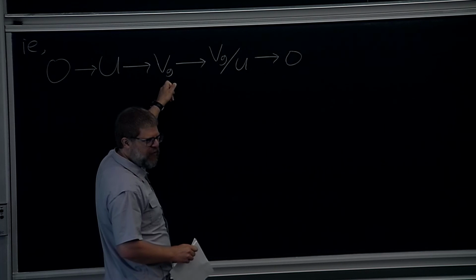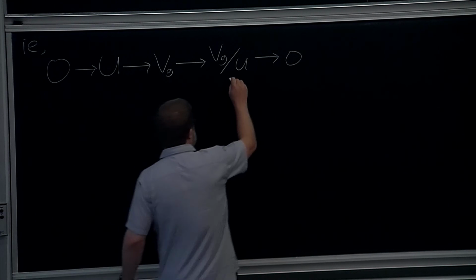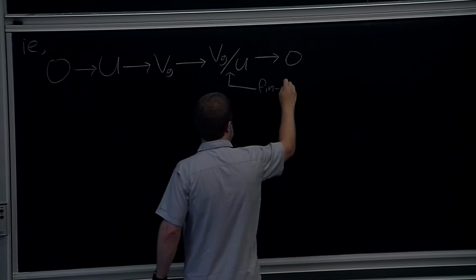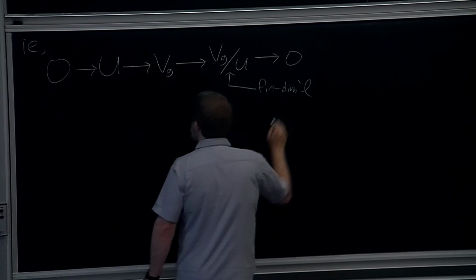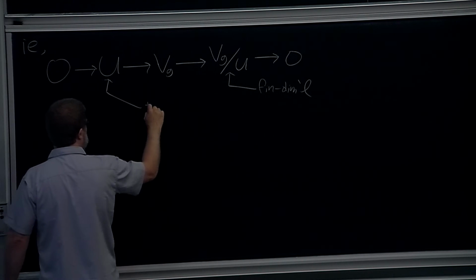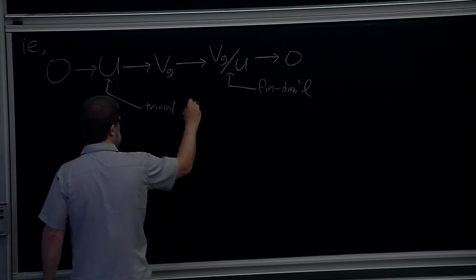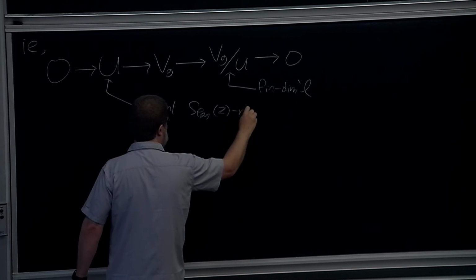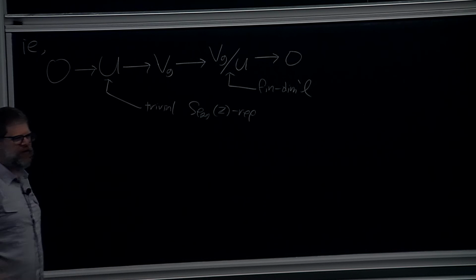We know that V_g mod U is finite dimensional, and we also know that U is a trivial Sp_2g(Z) representation, so we have a short exact sequence of representations.